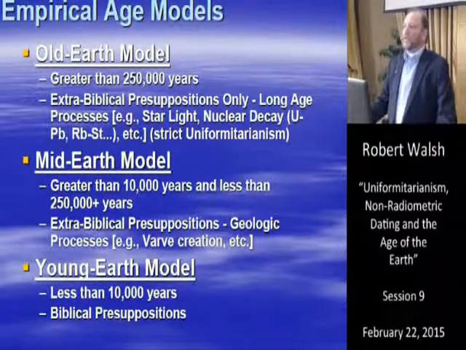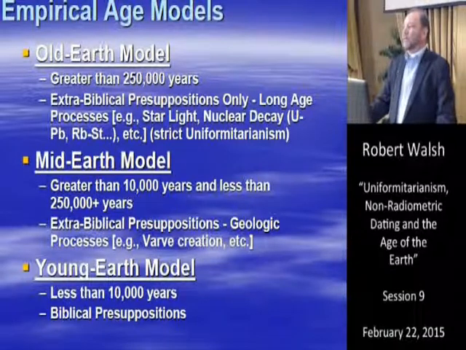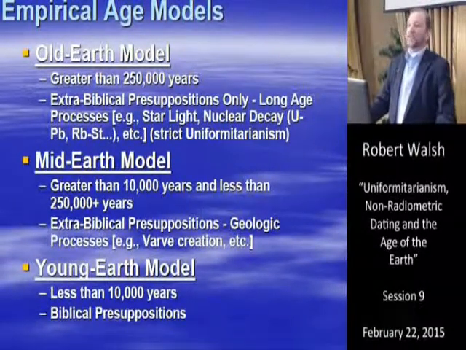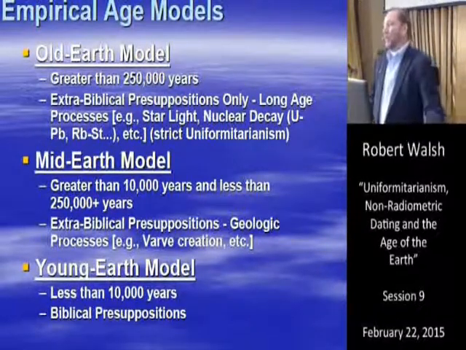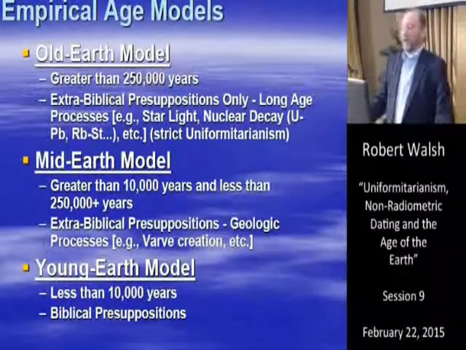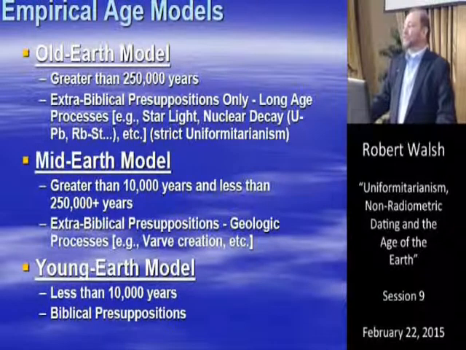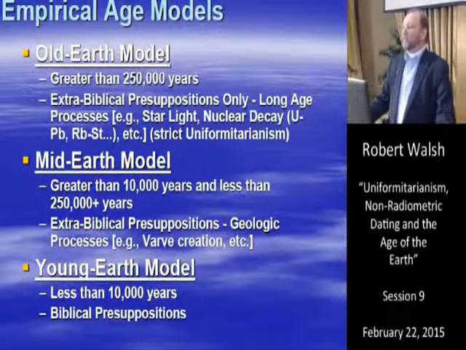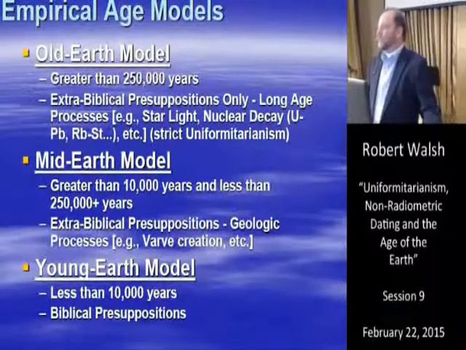But they come to the text without exception with extra-biblical presuppositions. And in every case that I've been personally aware of, they bring these extra-biblical presuppositions to the biblical text and try to change the normative meaning of the biblical text. And we saw some of these things earlier in this series.